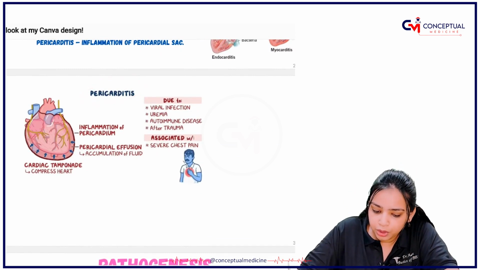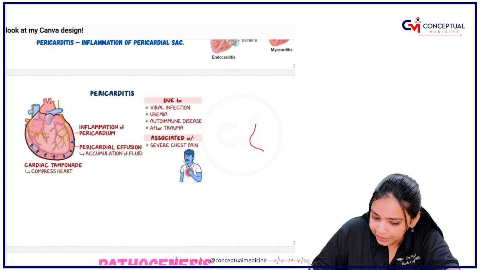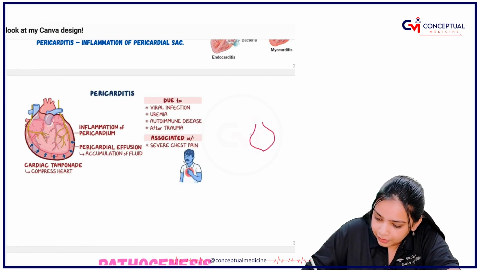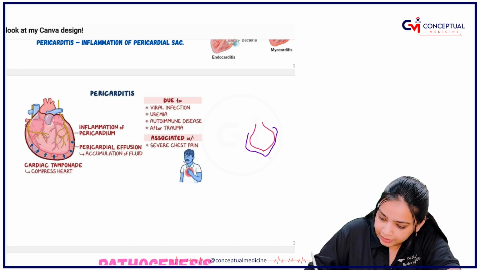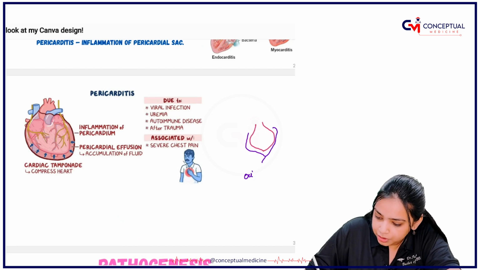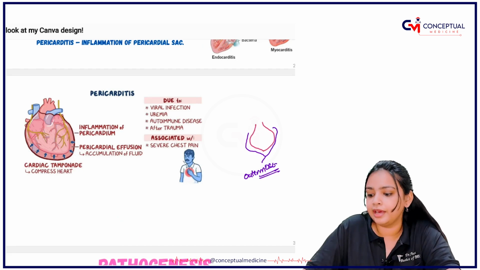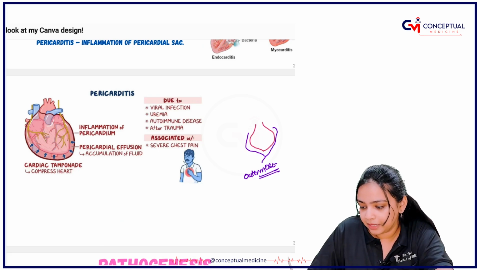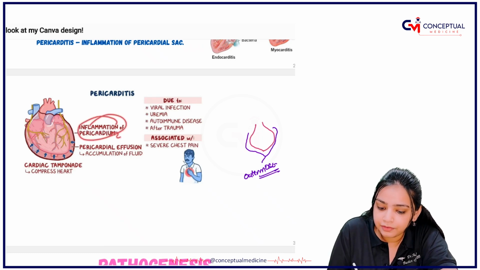Now I have told you that the pericardium is the outermost layer of the heart. So what is happening over here? There is an inflammation.